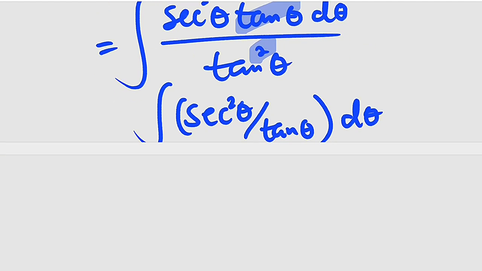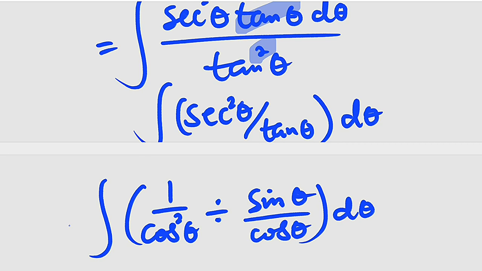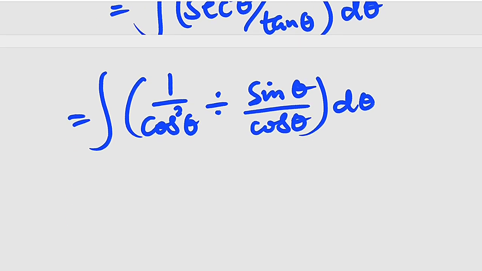I remember that secant is a reciprocal of cosine, so we can write it as 1 divided by cosine squared theta, and tangent can be written as what? Sine divided by cosine. So we have divide by sine theta over cos theta d theta. And we can change this to multiplication by taking reciprocal of this.